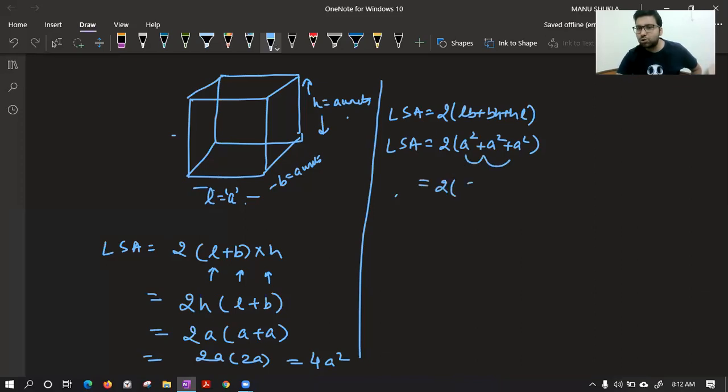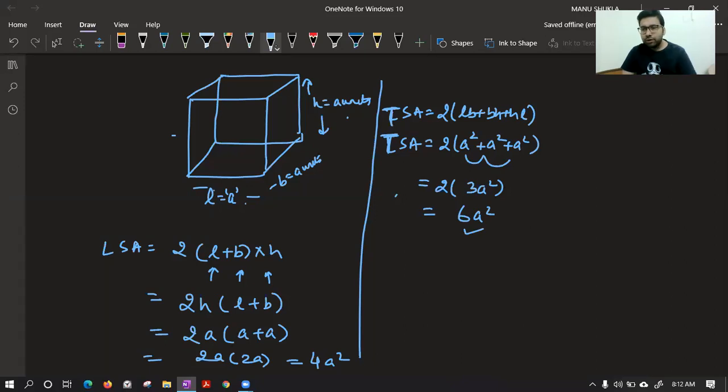It becomes 3a square, and finally it becomes 6a square. Sorry, thank you, Vaishnav. It is total surface area. So total surface area is lateral plus top and bottom. So this way we can understand the cube. I guess it is clear to everyone. Please confirm.